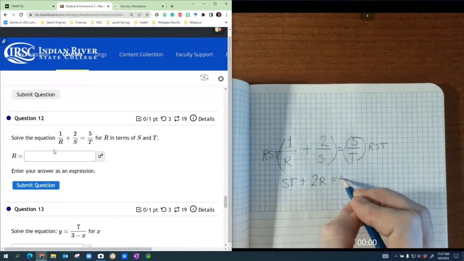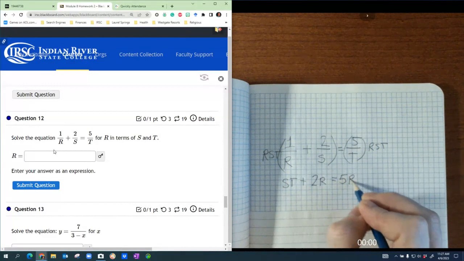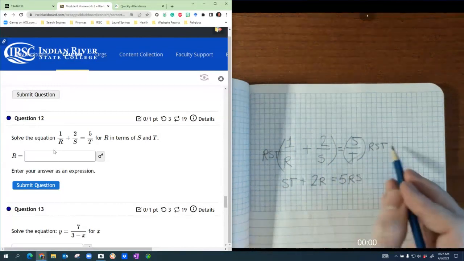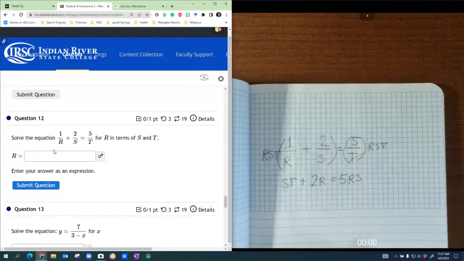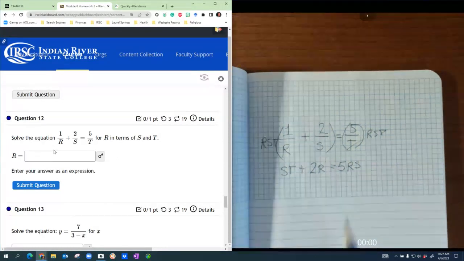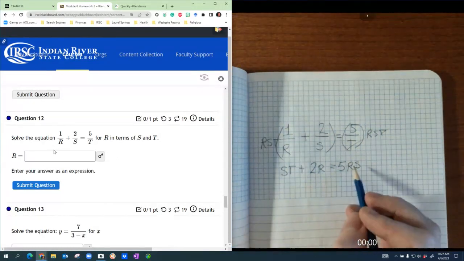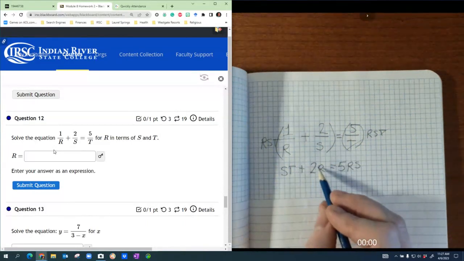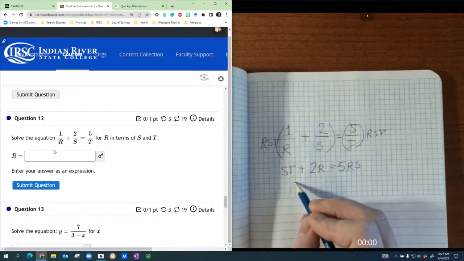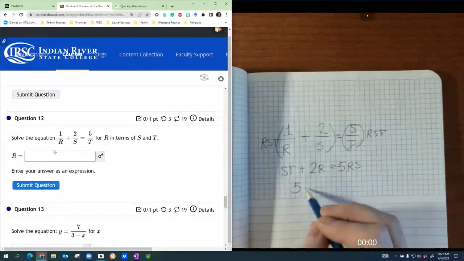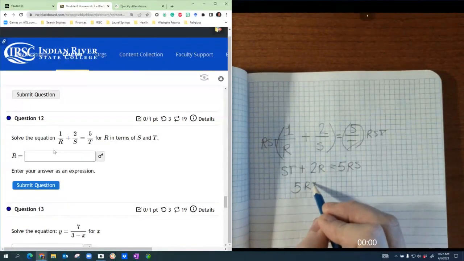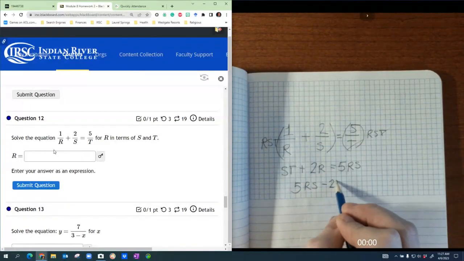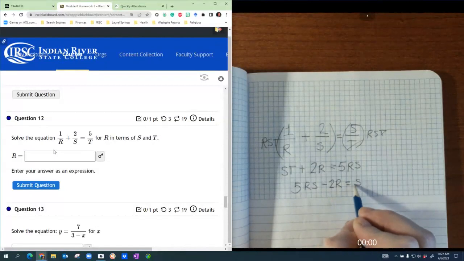And then I'm going to get 5 times RS because the T's wipe each other out, right? So now that I have that, I'm going to go ahead and get the R's together. So to get the R's together, I could bring this over or bring this over. So I'm going to choose to bring this one over and set it equal to the ST. So it's going to be 5RS minus 2R equals ST.